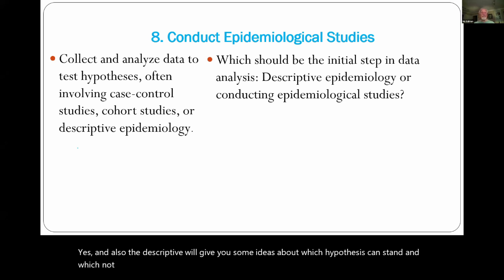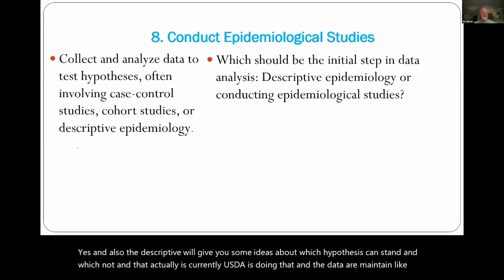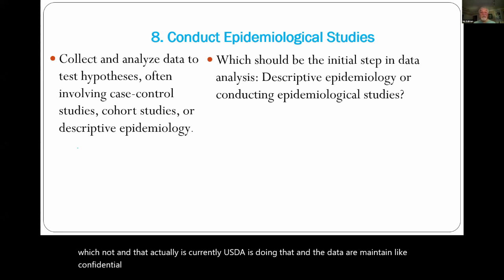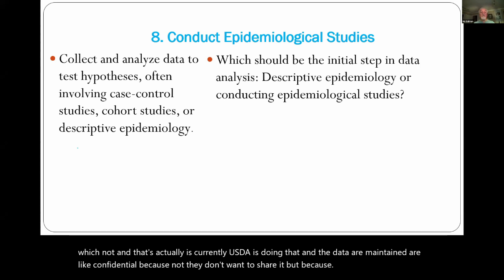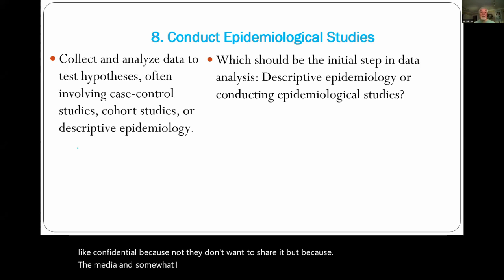And that actually is what USDA is currently doing, and the data are maintained confidential. They don't want to share it because the media and somewhat what I call pseudoscientists are taking it and interpreting it in their own ways.